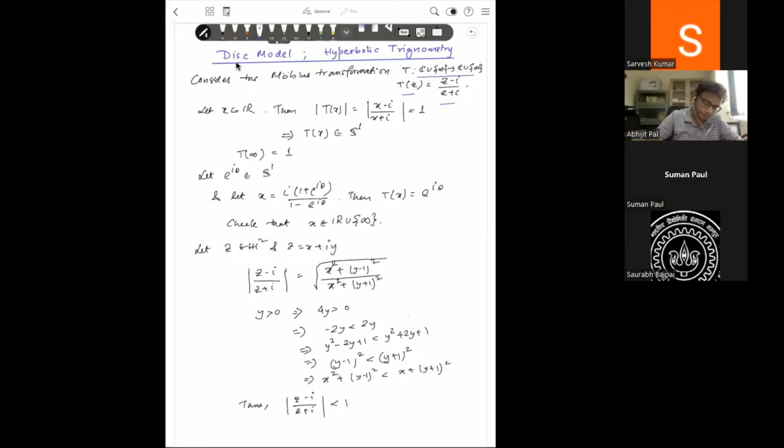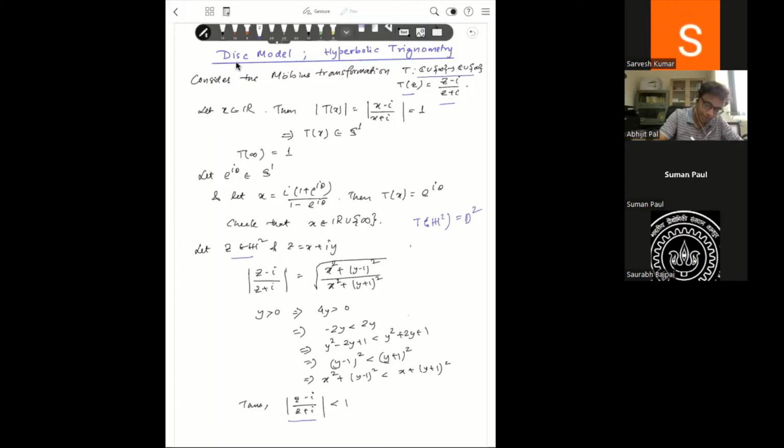One can check that if Z belongs to the upper half plane, then the modulus of (Z minus i) by (Z plus i) is less than 1. So this T is a Mobius transformation which takes the upper half plane to the unit disk.